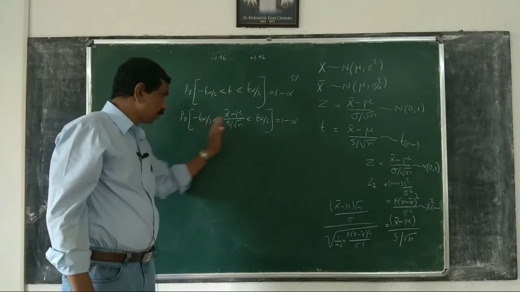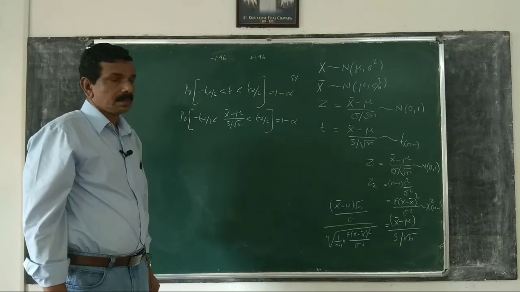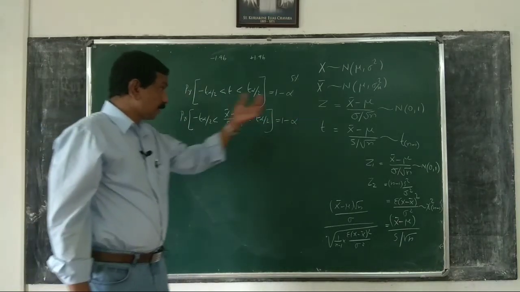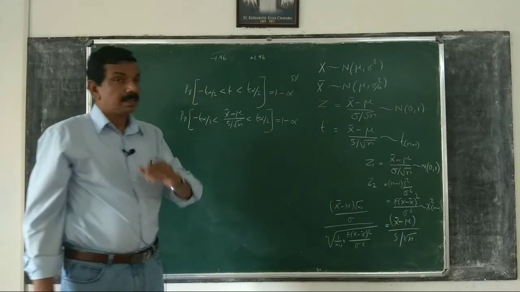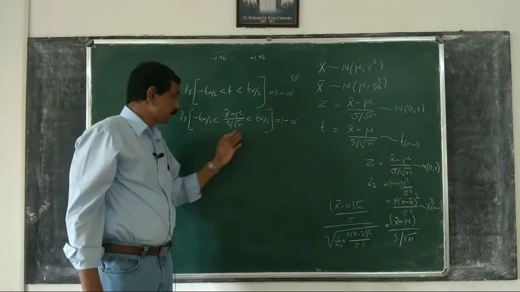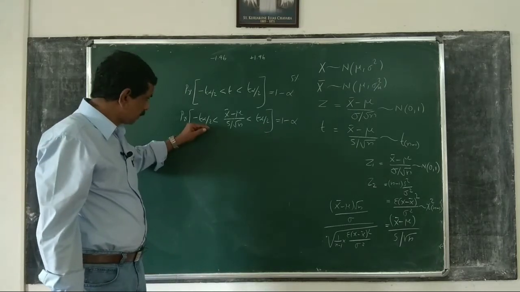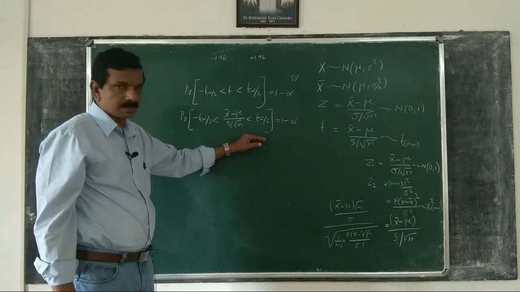This is not true in the case of T distribution. In the case of T distribution, if alpha is fixed at 5%, 95% of T depends on the degrees of freedom. So we have to consider the degrees of freedom also.